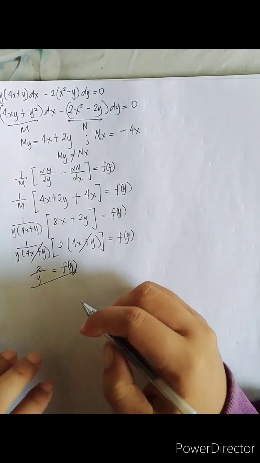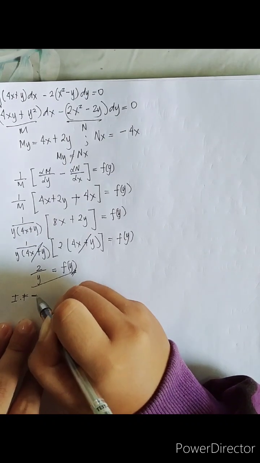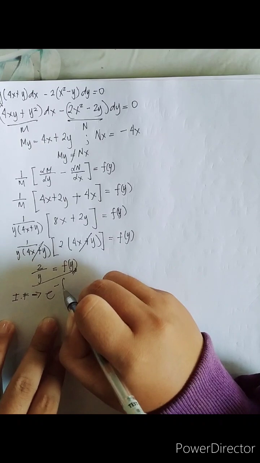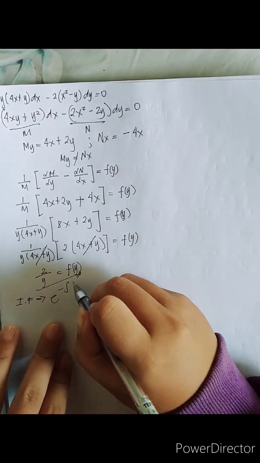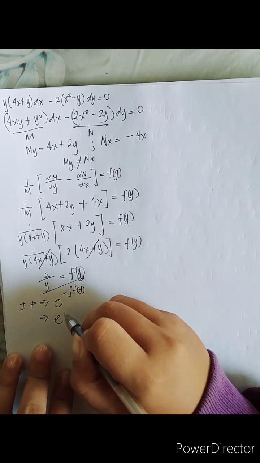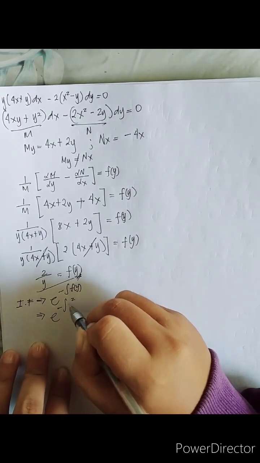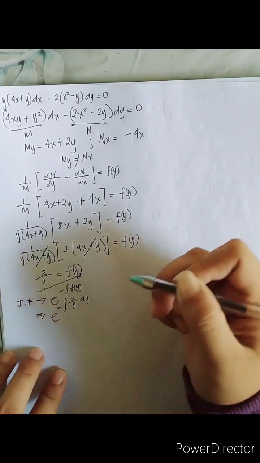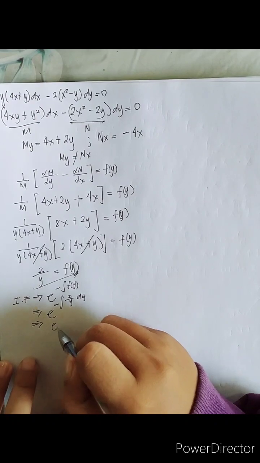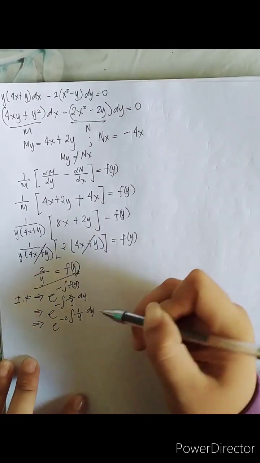Now proceed to the integrating factor: e raised to negative integration of f of y. Substitute f of y. This will be negative integration of 2 over y dy. Factor out 2. It will become e raised to negative 2 integration of 1 over y dy.